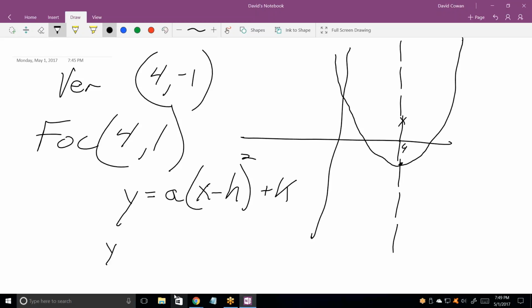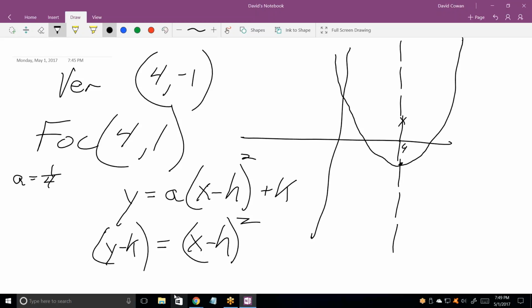They make this the format. Notice that I'm subtracting k from both sides. And there's a relationship between the focus and A. The relationship is A equals 1 over 4p, where p is the focal length.